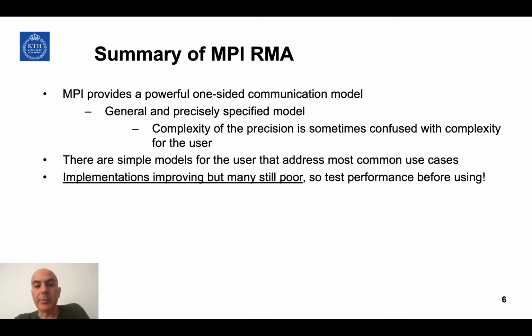So implementations are improving, but still quite poor, so we need to test before using. One of the goals of the assignment, in fact, is to test the performance of one-sided and see how it compares to MPI two-sided communication.